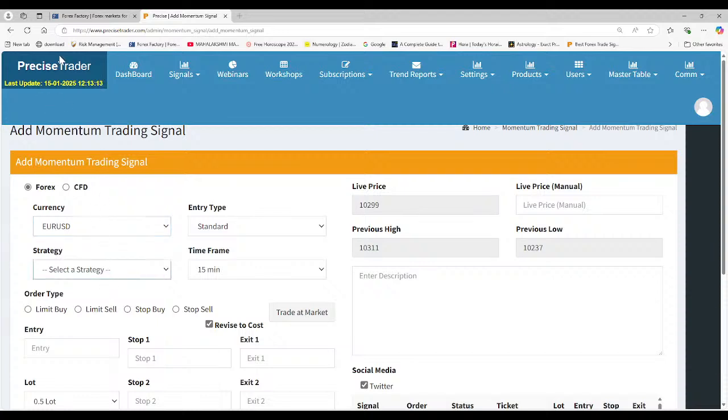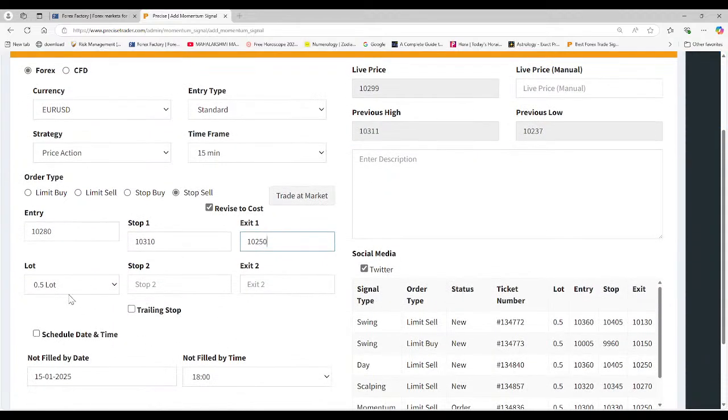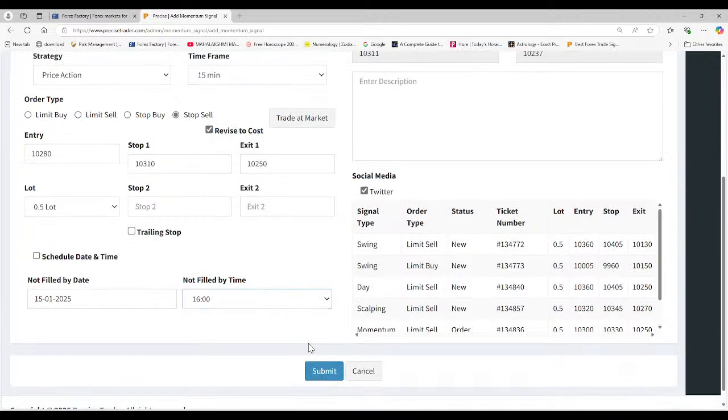Okay, so from now on I just want to tell you that we are going to go a bit aggressive. So this one 10310 and 10250 and this is also a half lot, and this one also expires maybe at 3 or 4 o'clock.